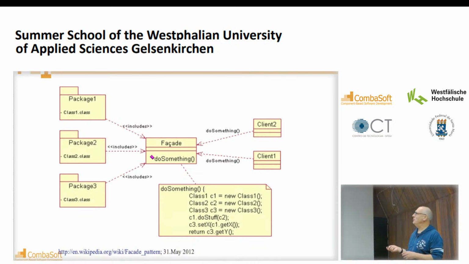The facade has an operation called doSomething. And doSomething means, well, he's doing something. You don't need to know exactly what it is. So the clients only see the facade, and when they call doSomething, then these lines of code will be executed.